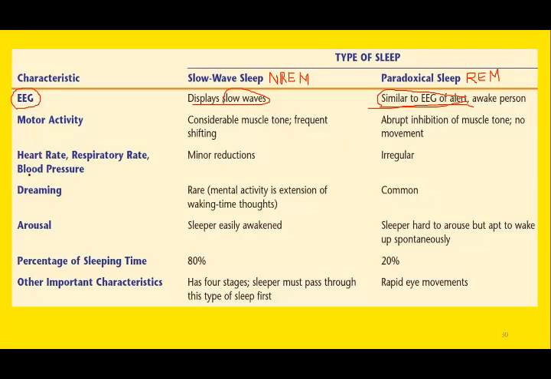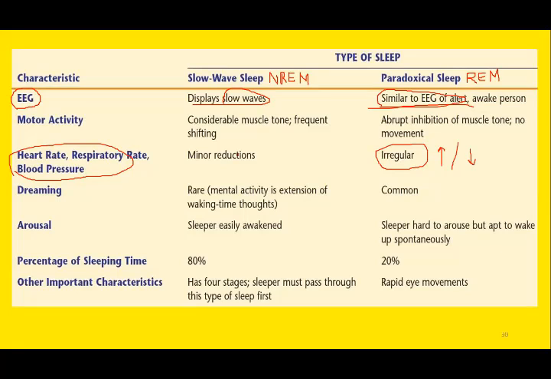The heart rate, the respiratory rate, and the arterial pressure. All these parameters are extremely irregular during REM sleep. So either an increase or a decrease in heart rate, respiratory rate, or arterial pressure may be observed. These parameters tend to fluctuate during REM sleep.